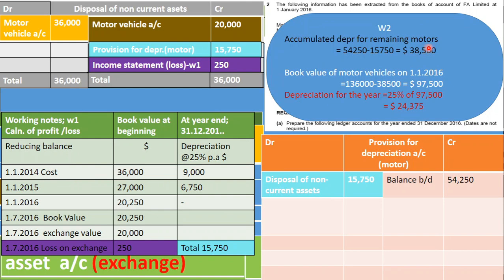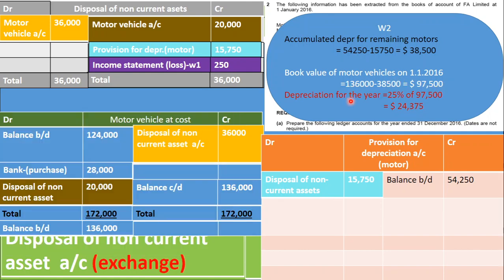Clear? Now we also find out the book value of the motor vehicle on that date. Book value of motor vehicle on 1/1/2016 is equal to 1,36,000 minus 38,500, which is 97,500. Now how did you get this? Remember our motor vehicle at cost account. What was our closing balance? 1,36,000.